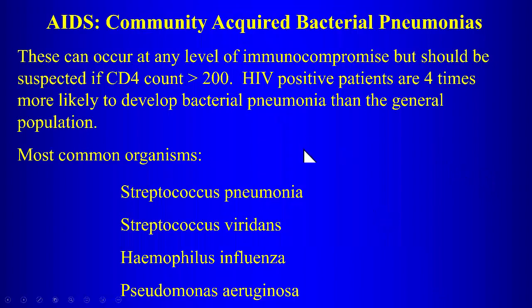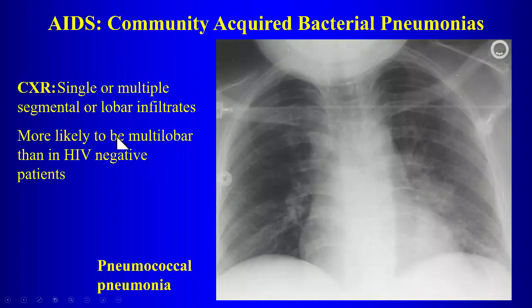Community-acquired pneumonias can occur at any level, but especially if the CD4 count is greater than 200, they're 4 times more likely to develop bacterial pneumonia than the general population, and strep is still the most common organism. They can be multifocal in patients who are HIV positive.